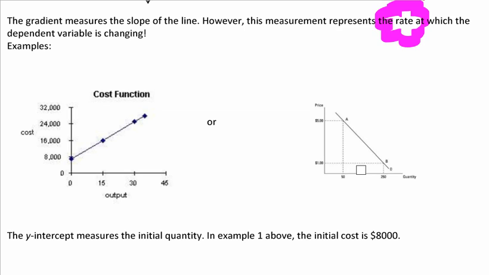So how do we interpret? We know it's a decrease because the lines are going down, the gradient is negative. Then we can say that there is a decrease in price per item purchased.